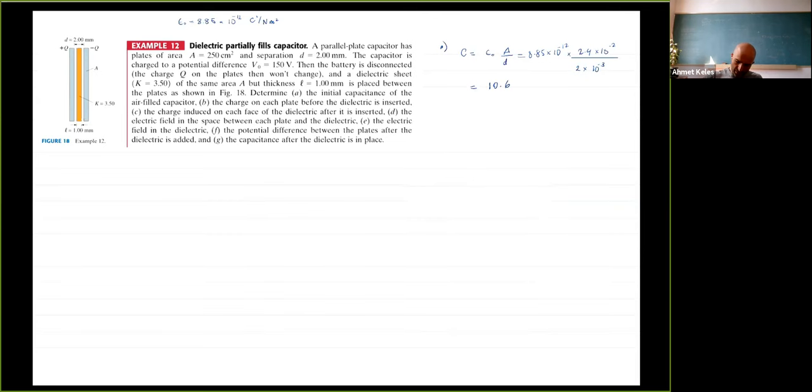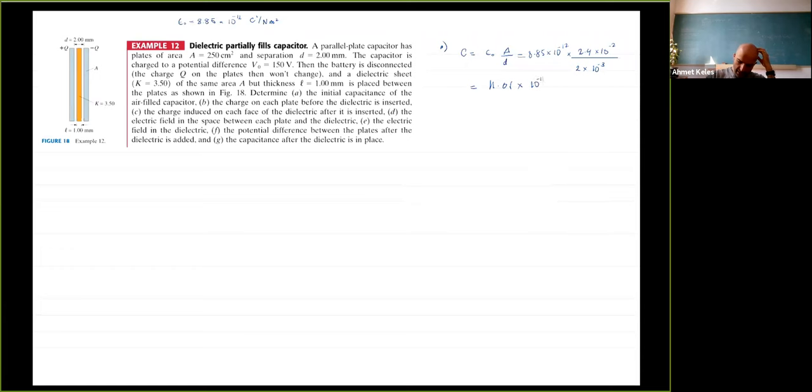So let me calculate this, divided by 2. I got 11.06 times 10 to the what? Minus 12, minus 14, minus 11.